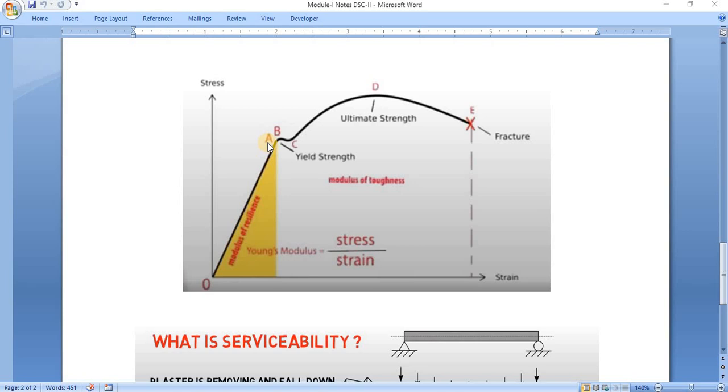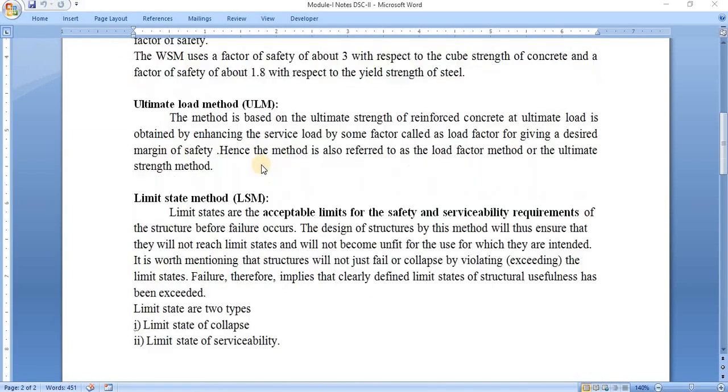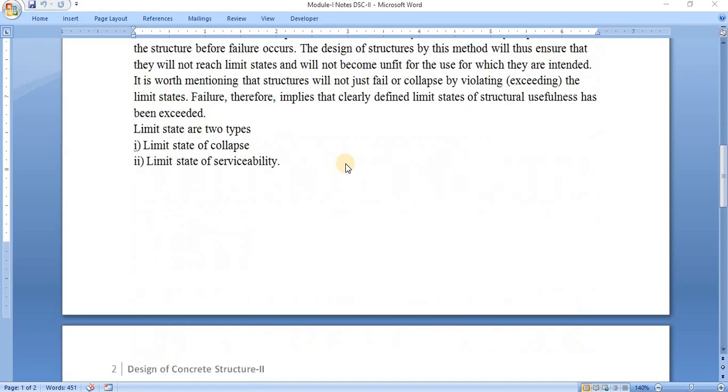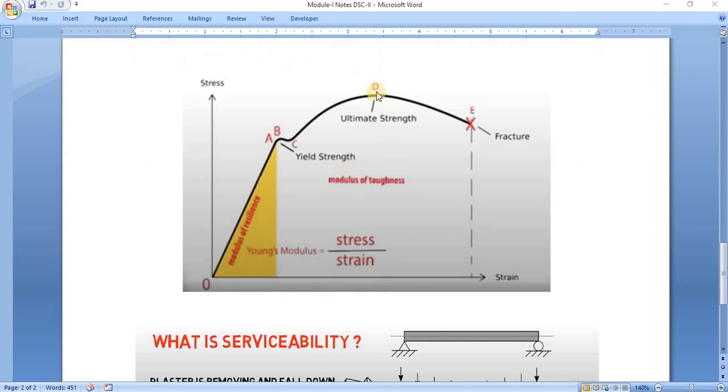The other strength which can be carried is getting wasted. So that will not lead to an economical design. This is the problem with the working stress method. Again, another method is the ultimate load method. The ultimate load method is using the strength up to the maximum, but there is some problem in that.